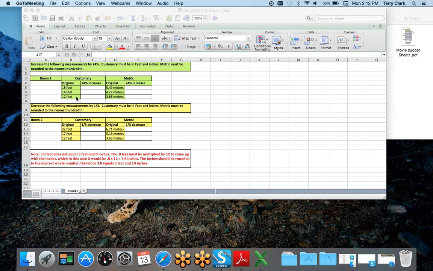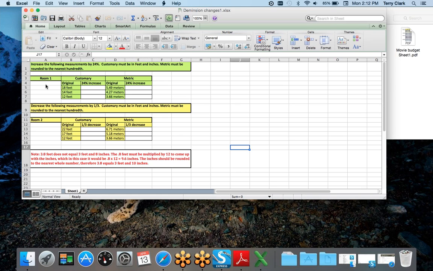Now notice here, they're not asking us to do the dimensions for all the rooms. We're only being asked to do the dimensions for room 1 and room 2. For room 1, we're being asked to increase by 24%. And for room 2, we're being asked to decrease by 1/3.